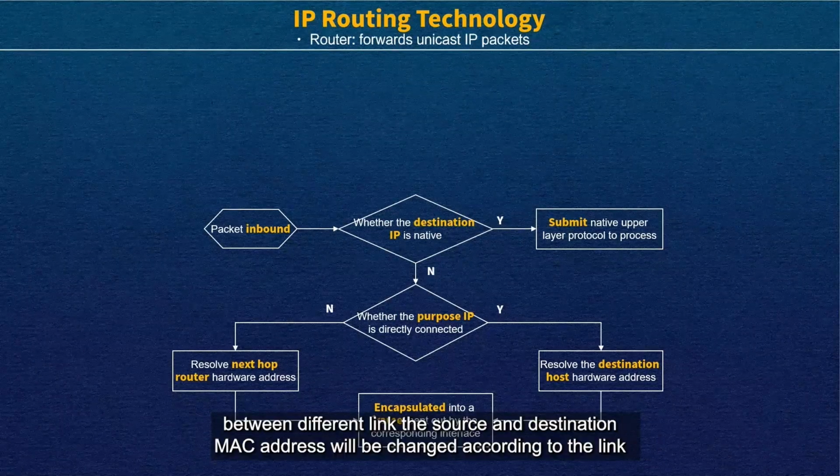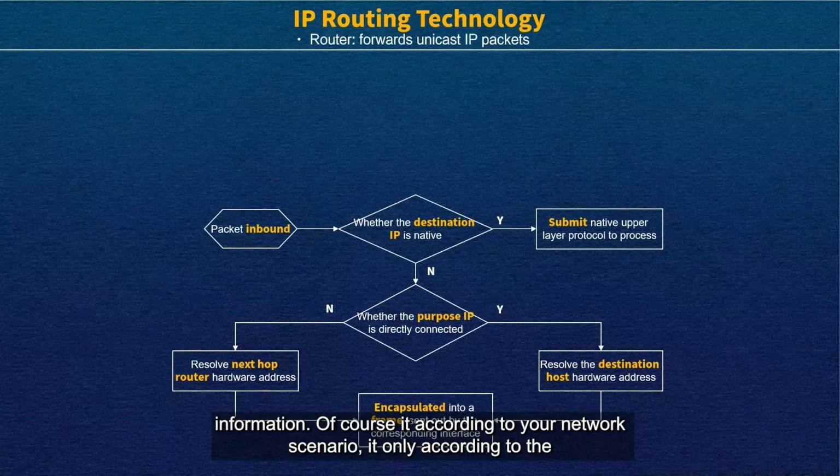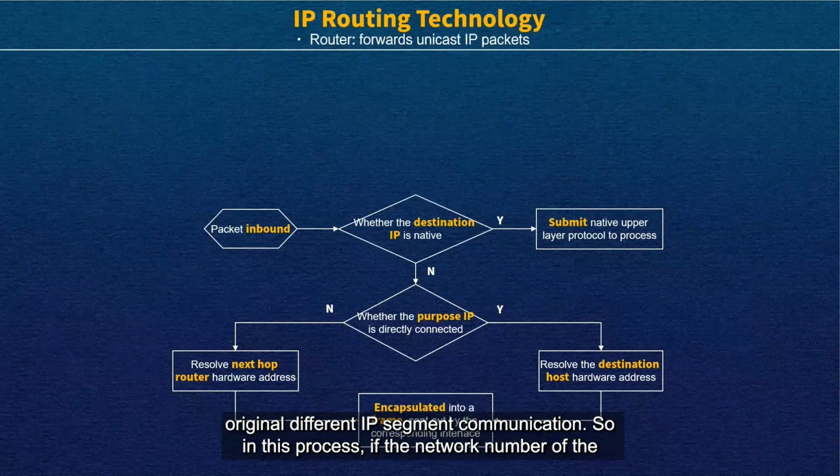Between different links, the source and destination MAC address will be changed according to the link information. Of course, except in your network scenario, we say this only applies to communication between different IP segments.